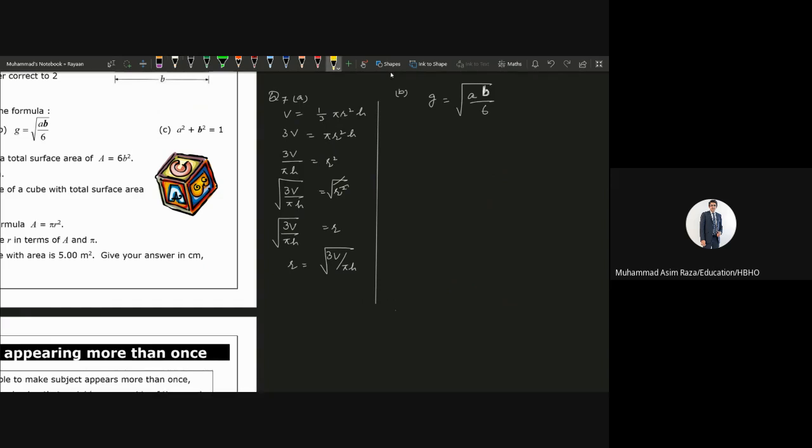In order to get b separated, we need to remove the square root. To do so, we will take the square on both sides. The square root and the square will cancel out. You will have g square is equal to ab over 6. Now 6g square is equal to ab, and 6g square over a is equal to b.